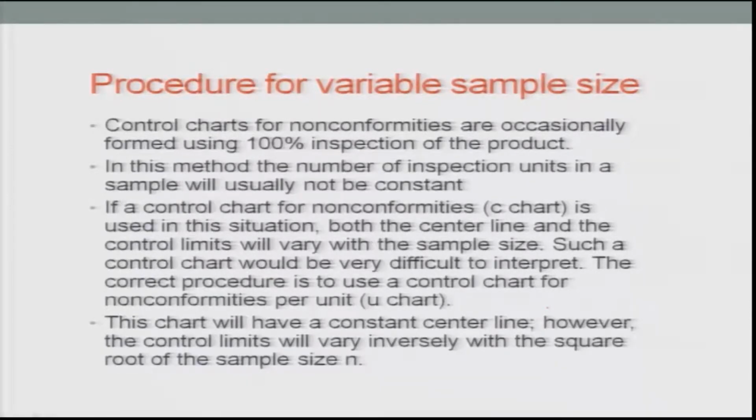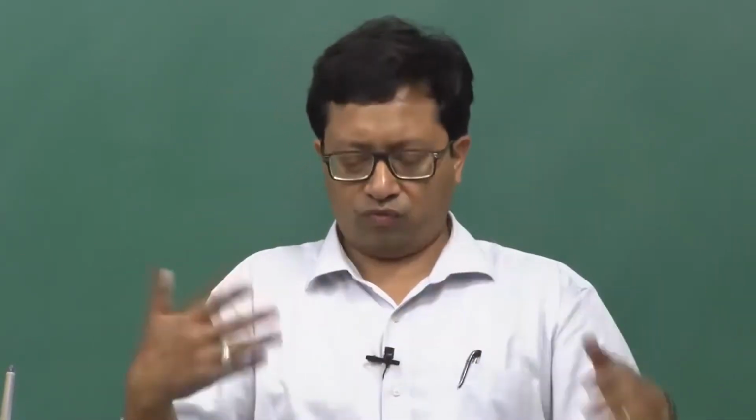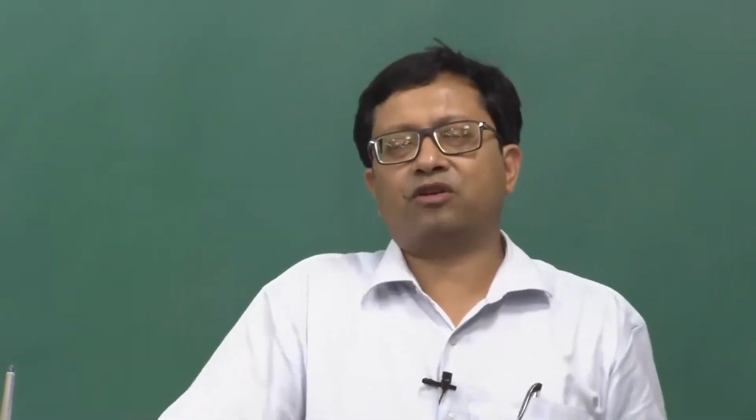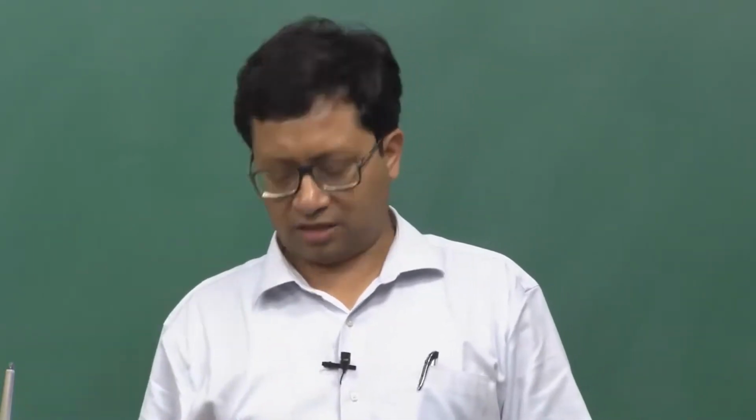However, the control limits will vary inversely with the square root of the sample size. So, generally the U charts will have a fixed central line, but the upper and lower control values would change depending on the sample size, because that will be divided by n in the case of variance, and once you take the standard deviation, it would become divided by the square root of n. So, you have to understand it technically and do the calculations as necessary.